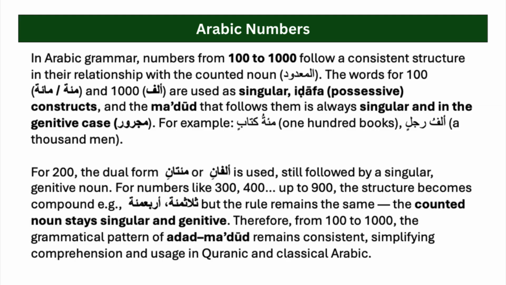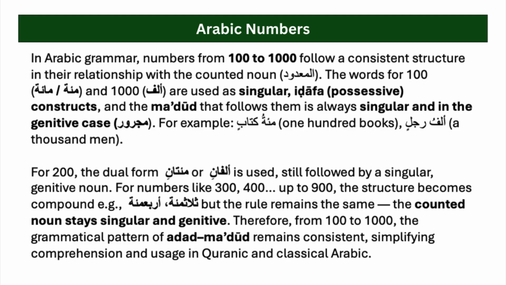The words for 100, mi'atun, and 1000, alfun, are used as singular nouns in an idafa structure, and the madud that follows them is always singular and majrur. This is very important. So unlike 3 to 10, where the counted noun is plural, here from 100 and 1000, the counted noun goes back to singular and genitive.